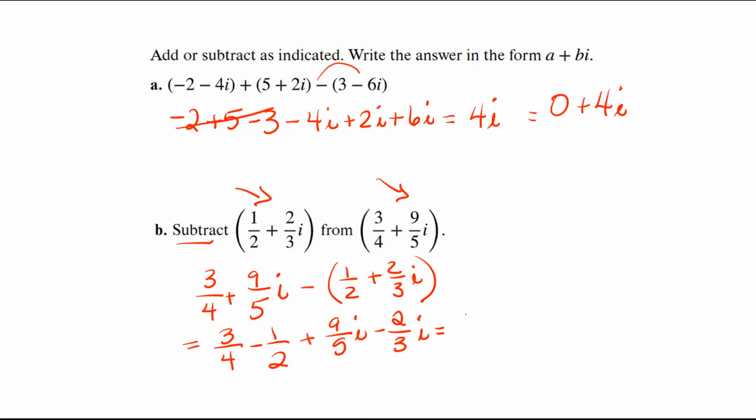So 3/4 minus 1/2 is just 1/4. And then we have to get a common denominator of 15. So this would be 27/15 i minus 10/15 i. So when we add all that up, we're going to have 1/4 plus 17/15 i. So real part first, imaginary part second.